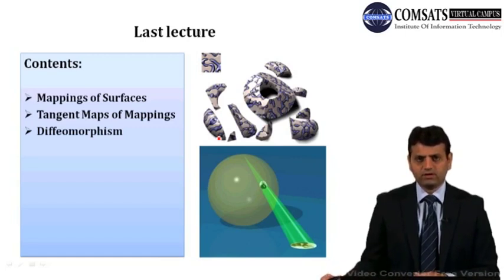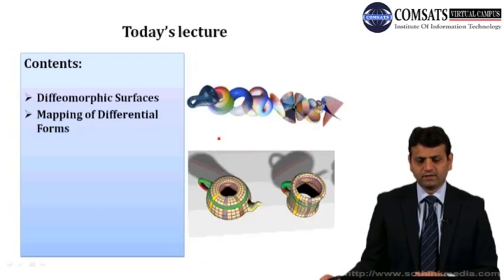उसके बाद हमने बहुत important class of mappings की थी diffeomorphism, और इन mappings को आज हम ज़्यादा डिटेल से स्टडी कर रहे होंगे क्योंकि they are very important class of mappings in differential geometry. So आज के लेक्चर में हम ये देखेंगे when there is a diffeomorphism between the two surfaces, or in other words when the two surfaces are diffeomorphic. उसके बाद हम ये देखेंगे कि given any mapping between two surfaces, how we can map zero forms, one forms and two forms of one surface to the other surface.